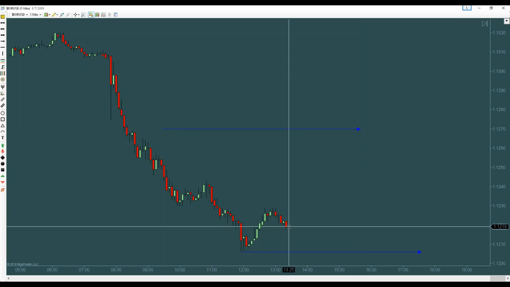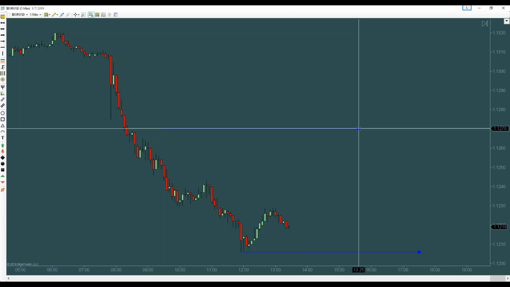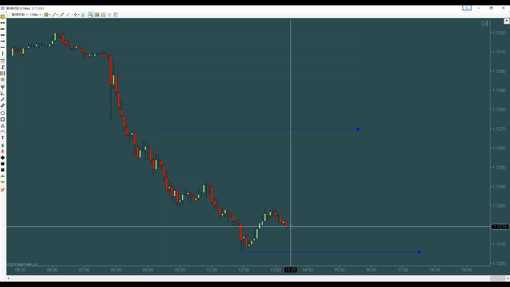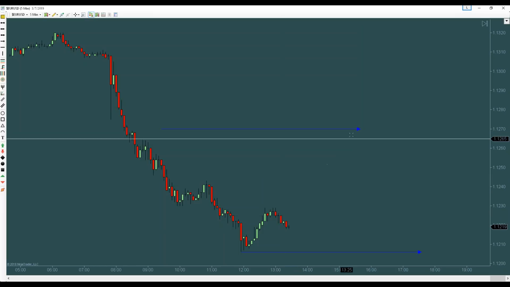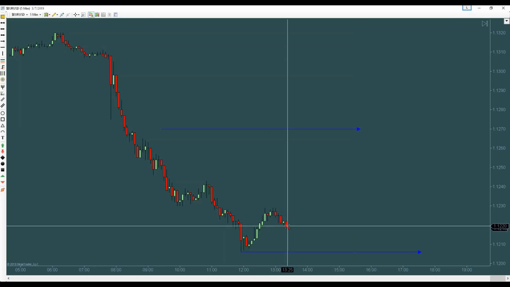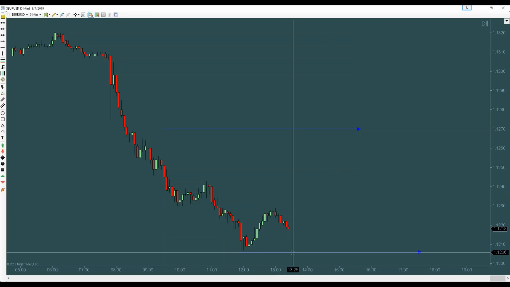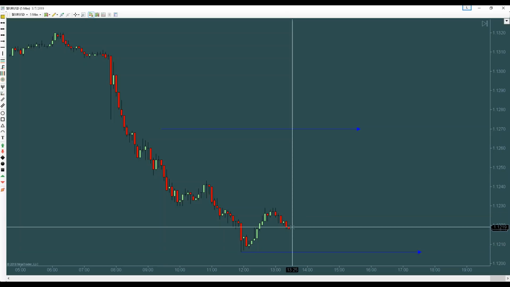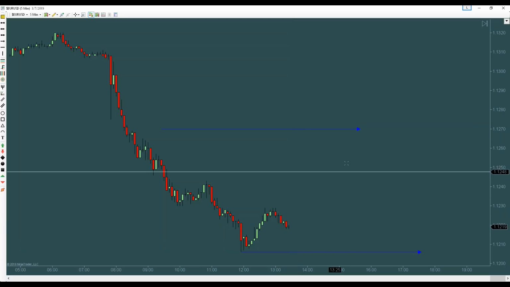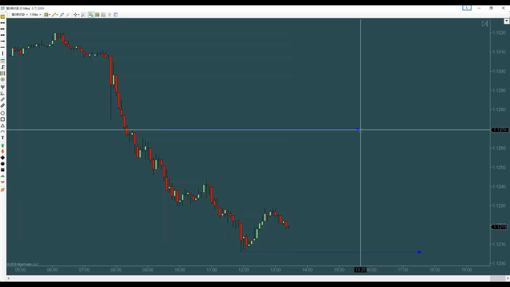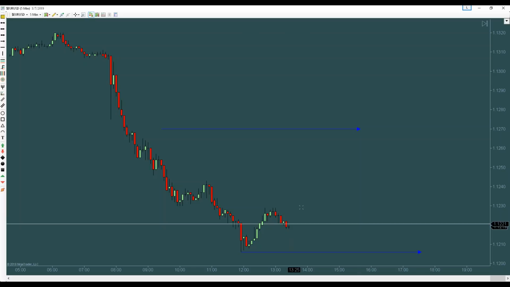Well, if you're getting in at about 1220 and it goes up to about 1270, you're targeting about a $50 profit, right? Okay? So if you're targeting a $50 profit and you're going to manually exit if it goes down against you $14, you're risking $14 for an approximate $50 target. That's like 1 to 3, 3 to 1, however you want to say it, right? So is that a bad risk-reward ratio?